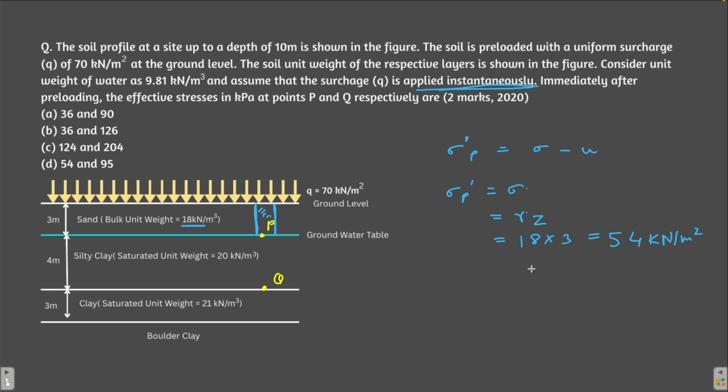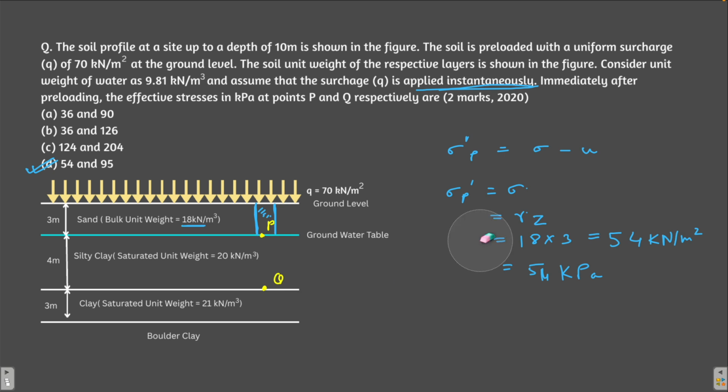So kilonewton per meter square can be written as 54 kilopascals. So this is at point P. So once we have found out point P, option number D is the correct option. But for the sake of teaching you, let's do this for point Q as well.